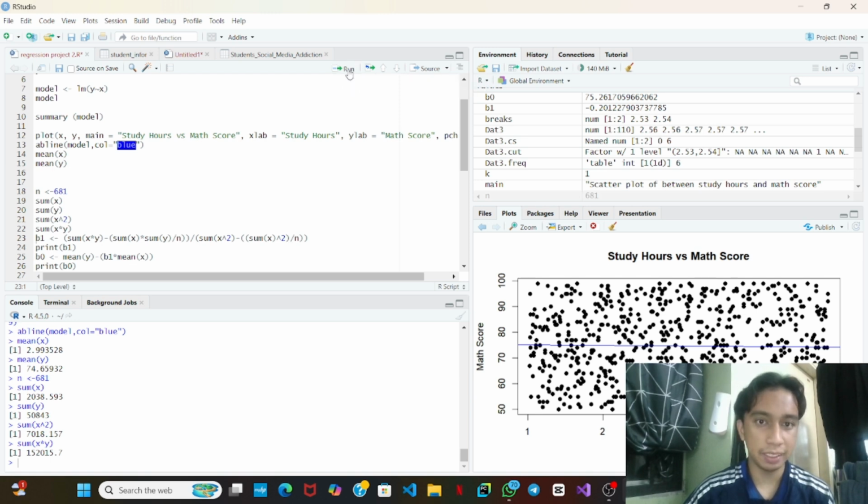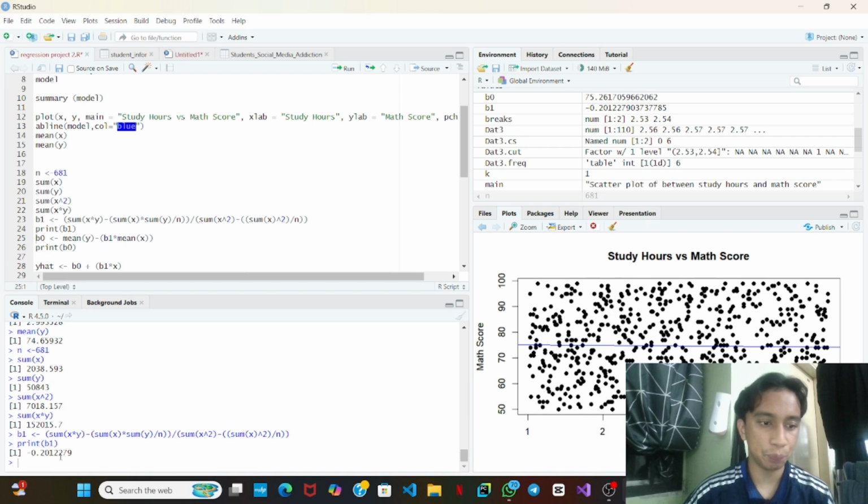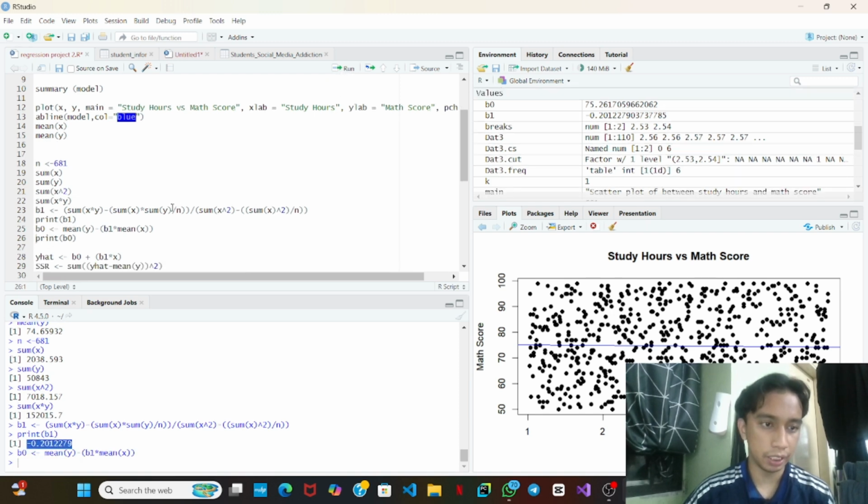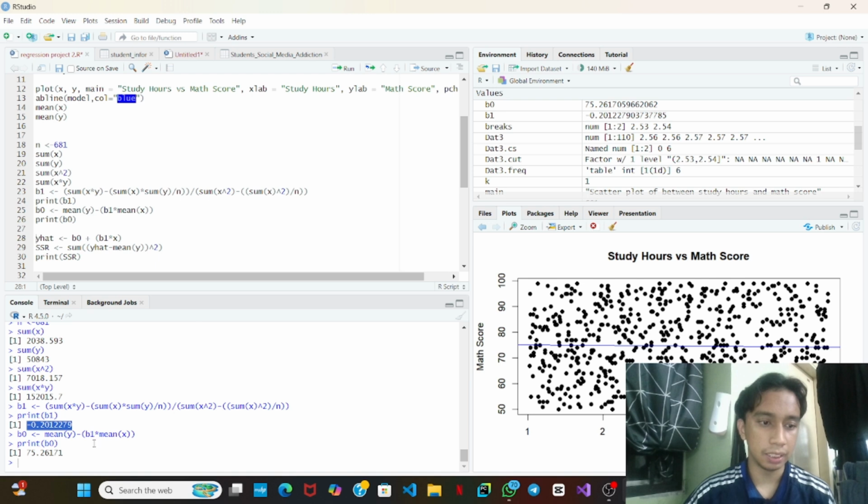So we have here b1 equals this value, and then we go to b naught, b0. So mean y minus b1, which we calculated before this, multiplied by mean x. So this is the value for b0, our intercept.